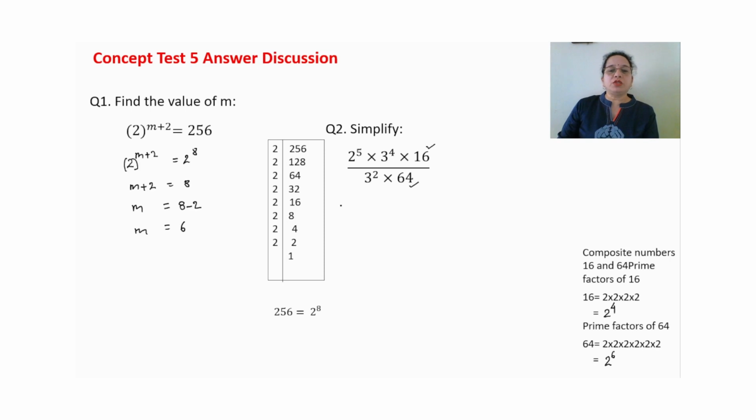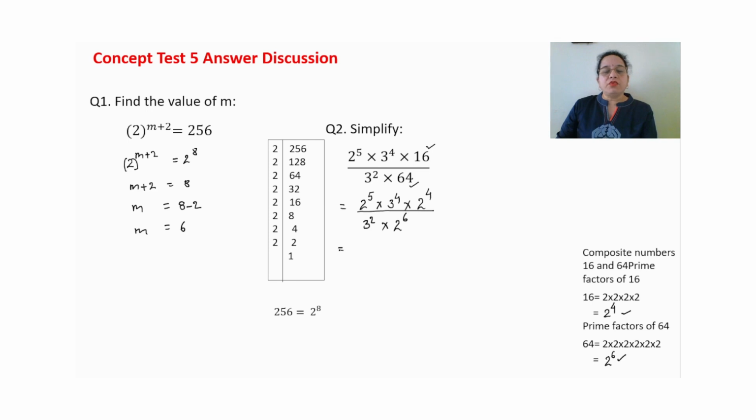Now we will substitute these values over here. So 2 raised to the power 5 is in the same place, 3 raised to the power 4 is also in the same place. Instead of 16 now we will write 2 raised to the power 4, upon 3 square in the same place, and instead of 64 now we will write 2 raised to the power 6.